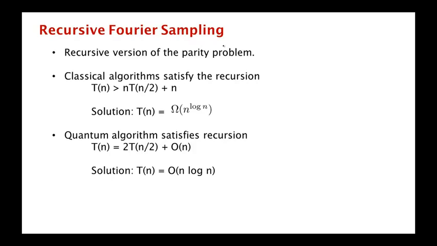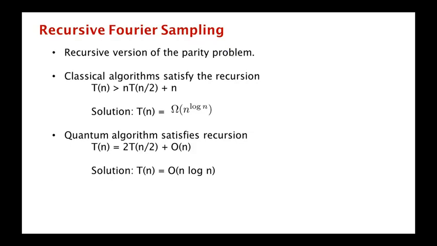So in this recursive version, we solve a recursive version of the same parity problem. And now we are trying to amplify this difference between classical and quantum. In the classical case, you needed n queries. In the quantum case, you needed only a constant number of queries.